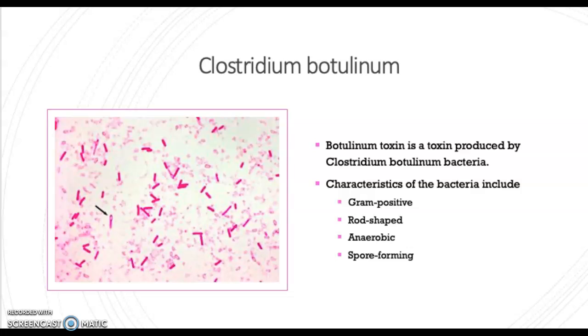Spore-forming bacteria include Bacillus, aerobic, and Clostridium, which we're discussing now, anaerobic species. The spores of these species are dormant bodies that carry all the genetic material found in the vegetative form, but do not have any active metabolism.